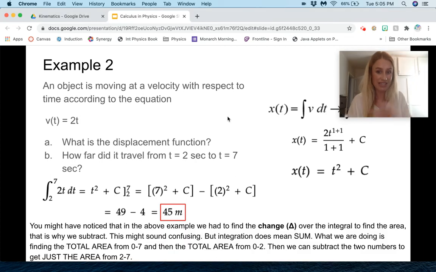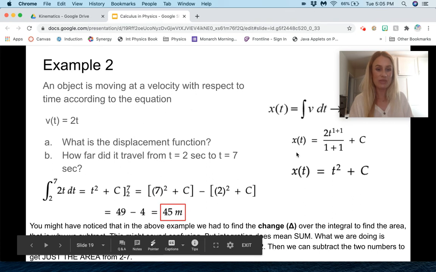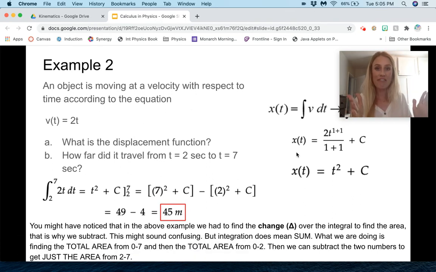But the reason for this, and I have a bunch of writing down here, so I'm sorry, is that what we're doing here is finding the area from 0 to 7 and then subtracting the area from 0 to 2. So that's why we're subtracting the 2. It's final minus initial because we're subtracting that little bit. A lot of the time you will see that we are evaluating from 0 to 7, not just 2 to 7, but the parameters could really be anything, okay?